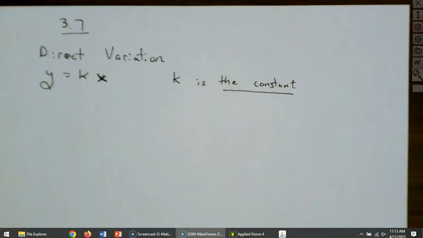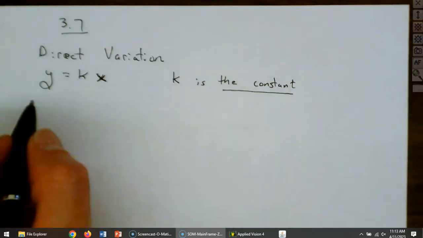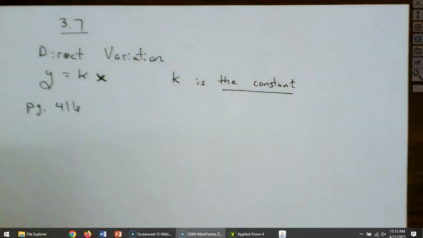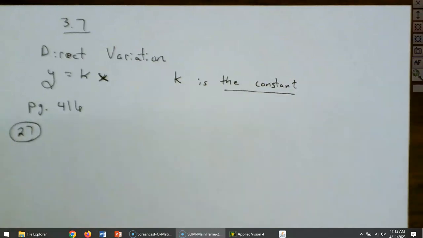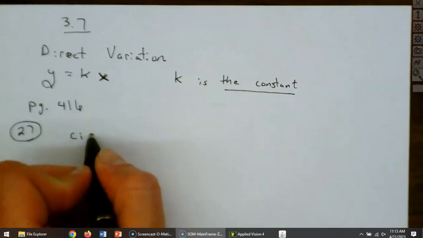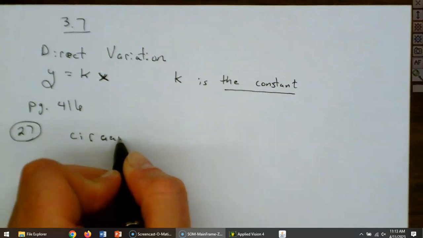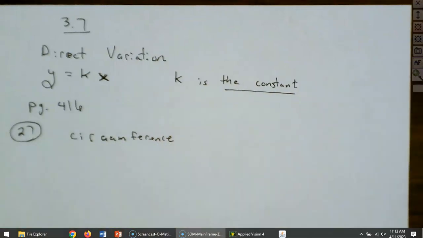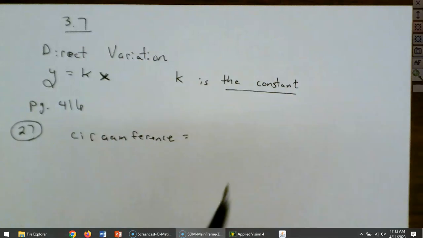So our formula is going to look like this. And this again is on page 416. We're going to look at question 27. Our formula looks like this. Circumference is going to equal, because it's varying directly, to the radius.